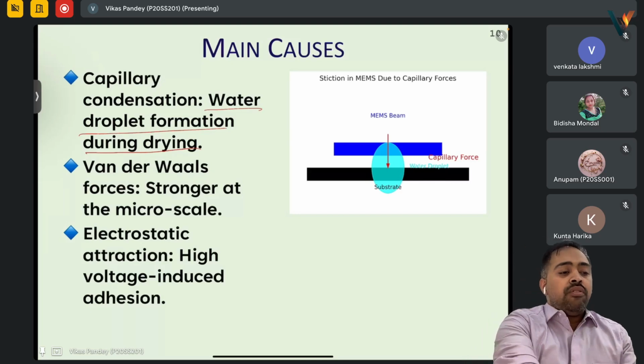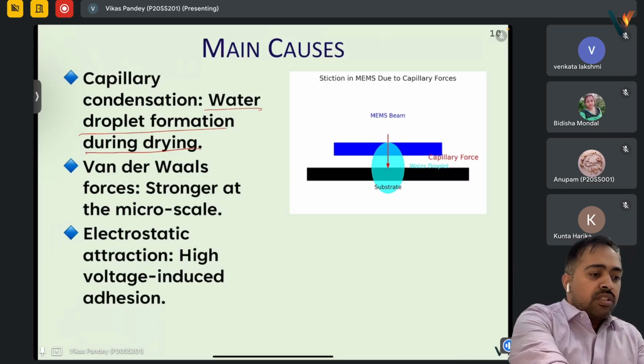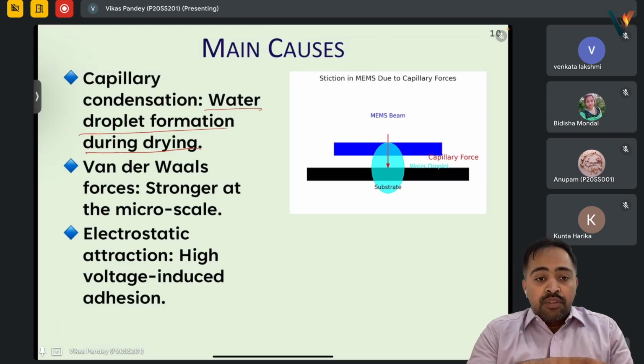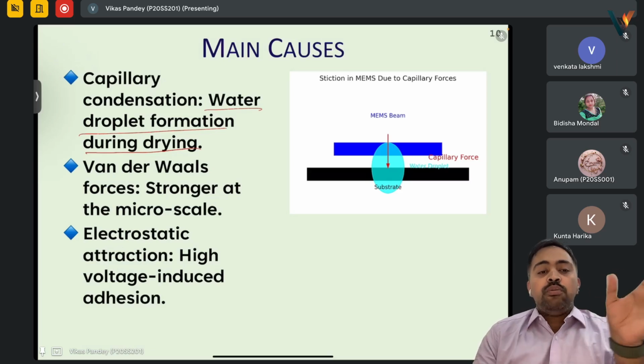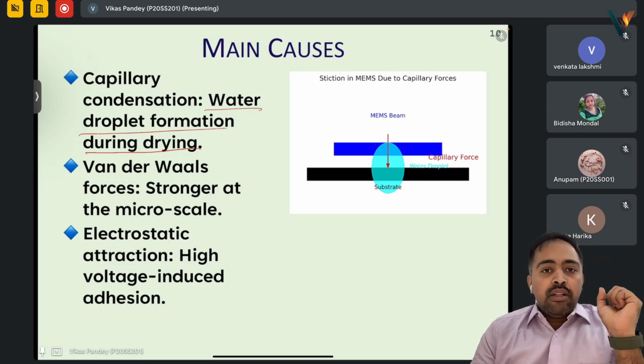We need to be very careful that there is no extra electrostatic charge that can damage them or lead to stiction. Such care is to be taken at the fabrication level.